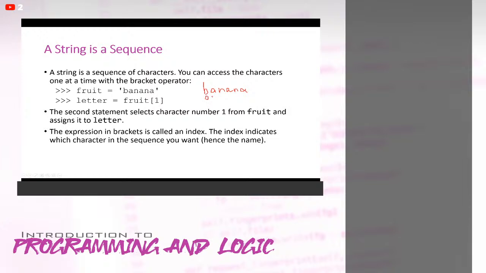B is index location 0, A is index location 1, N is 2, 3, 4, and 5. So what it's doing is it's looking for the character that is in the first index location, which in this case is actually A instead of B, and assigning it here to the variable letter.